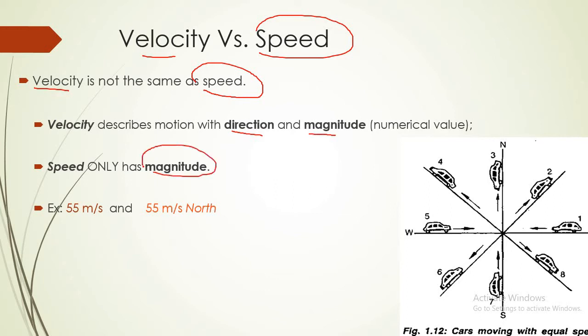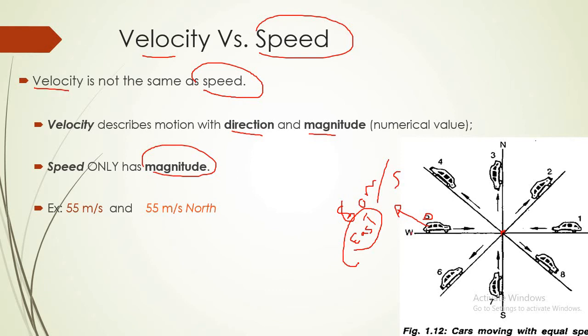Magnitude means number. For example, if I said that this car, number 5, moves from this point to that point at velocity 60 meters per second to the east, this describes velocity, because I described the direction.